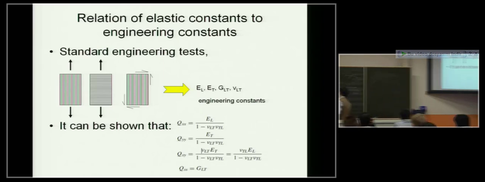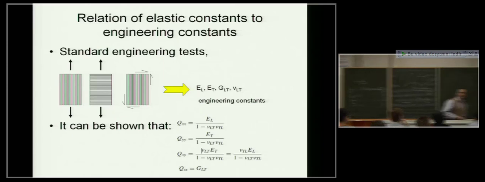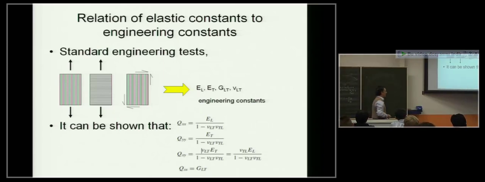So in general, my Poisson's ratio from this test is minus epsilon 2,2 over epsilon 1,1, or let me use epsilon y over epsilon x. So the transverse strain epsilon y is in this direction, perpendicular to the loading for this specimen. Longitudinal strain is along the load. The ratio of the two, with a minus sign because one of them is compressive, so I can get a positive value, is my Poisson's ratio.